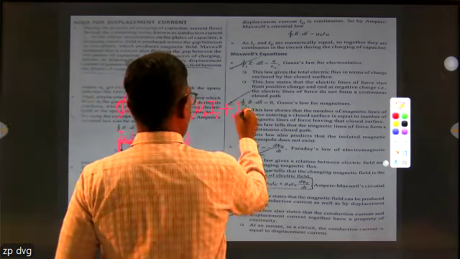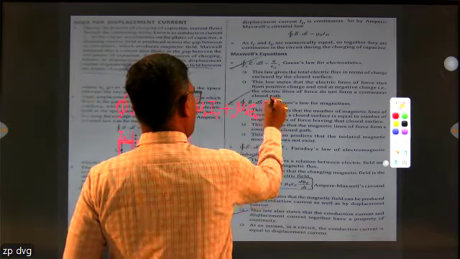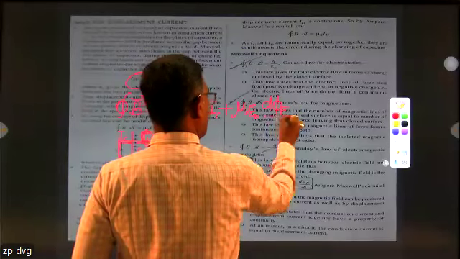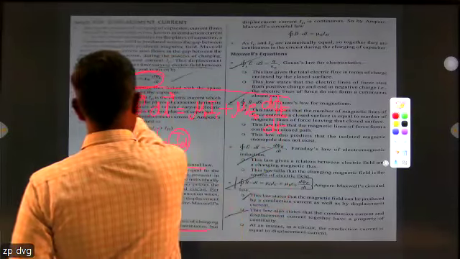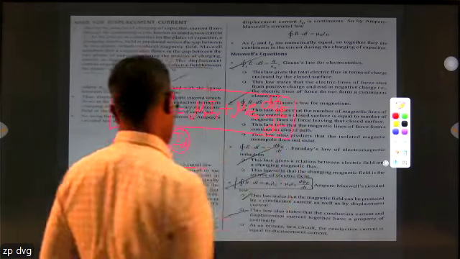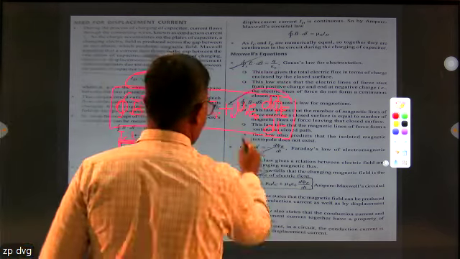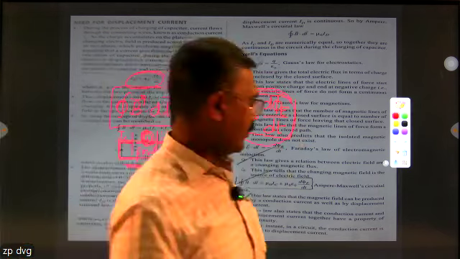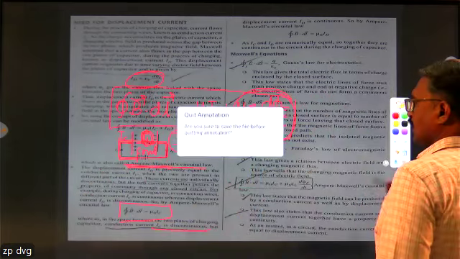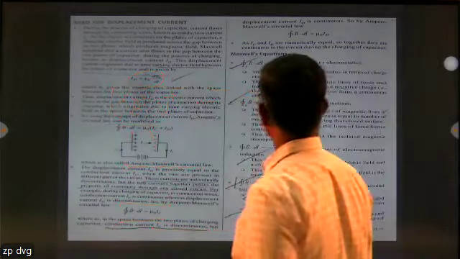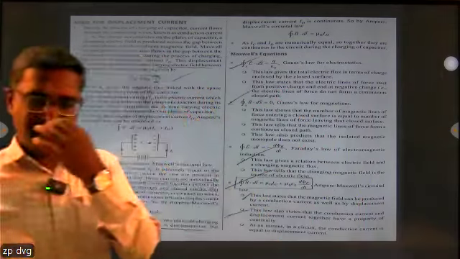Then we have mu naught epsilon naught d phi E by dt. So this is called Ampere-Maxwell's circuit law. This last term was introduced by Maxwell when he introduced the concept of displacement current.